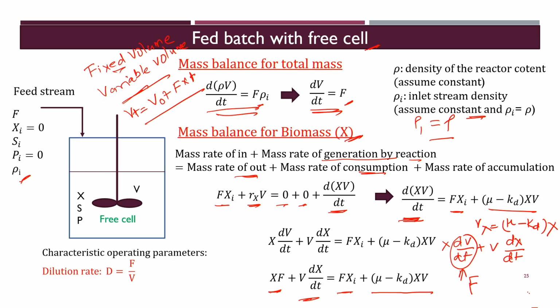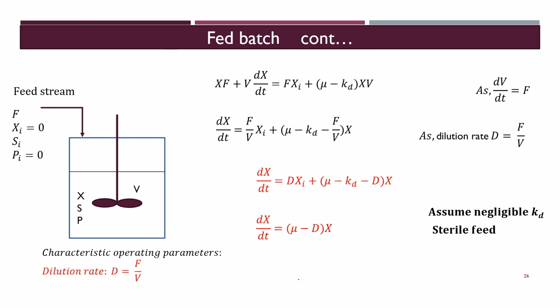If you further rearrange it, we typically rearrange in terms of D, the dilution rate, defined as F upon V. So, what we can do is divide by V, and V will be cancelled out. So, we will go to the next slide.